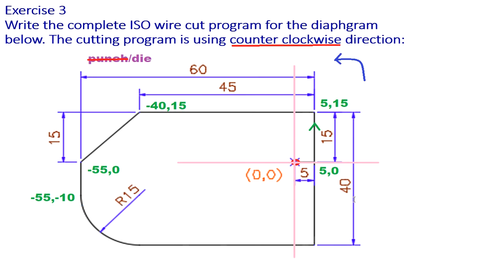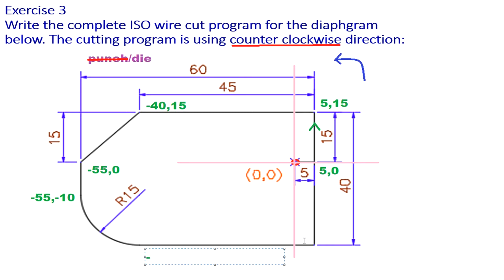Let's check. 40 minus 15, 25, and then minus 15, minus 10. This is minus 10. And then the dimension here is 60 minus 5, 55, and then minus 15, 40.